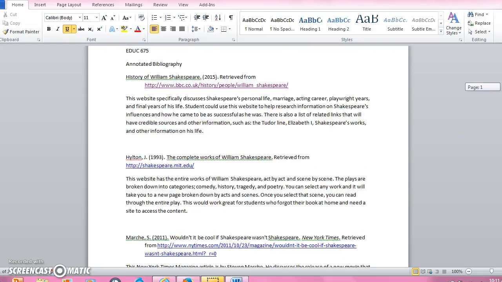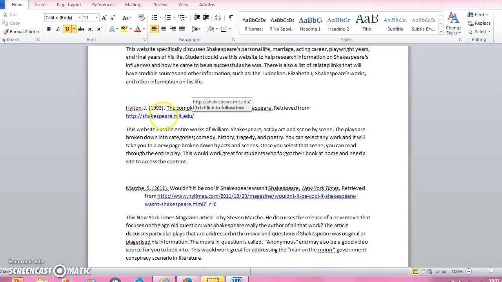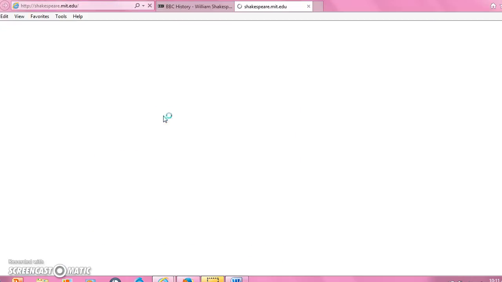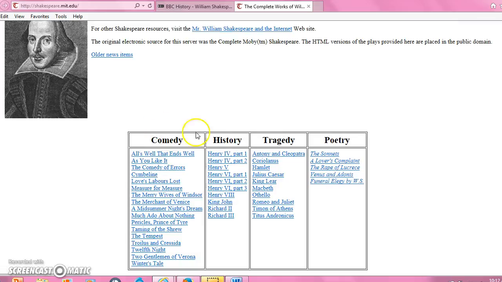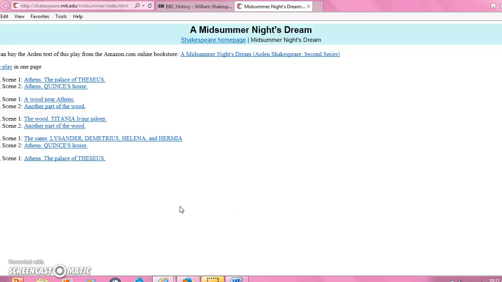Okay, our second one is going to be about the particular plays that he has. With the different plays, it's actually kind of cool how it's broken down into the different types of categories here. Let's go into one that we're looking at. What's cool about this is that it's going to break down each one of those plays.